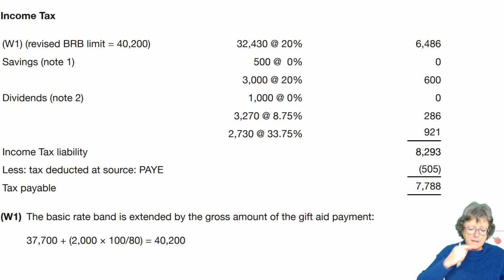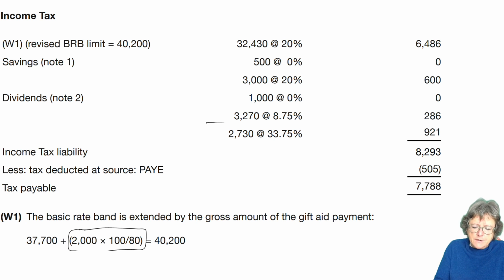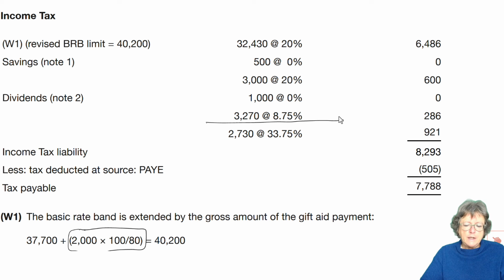The basic rate band has been extended, you see here down the bottom, by the gross payment, because the question said that that's what she paid. So we've got 40,200. Okay, so it's basic rate all the way up to there. So the basic rate band, the employment income and the earned income is 32,430 at 20%.